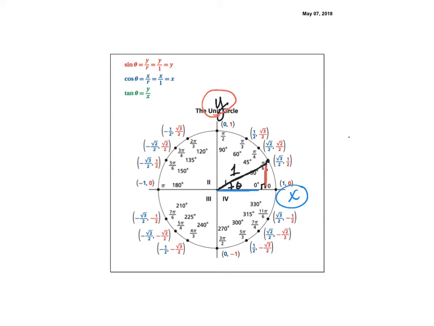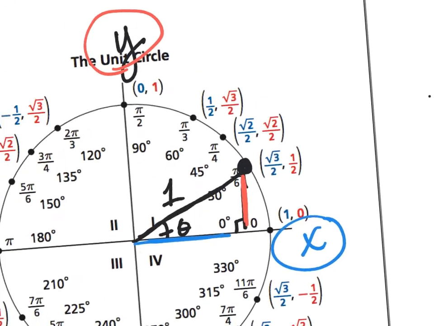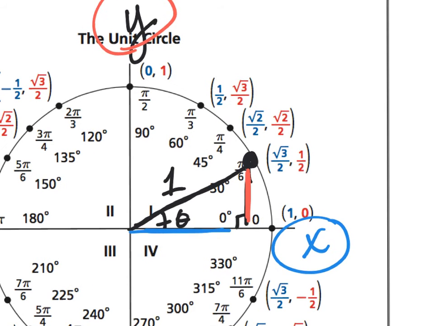So this point here at 30 degrees, I'm just going to blow this up a little bit. At 30 degrees, the x value here is going to be cosine, and it's going to be the square root of 3 over 2. The opposite side is going to be sine, and that's your y value, and that's 1 over 2.